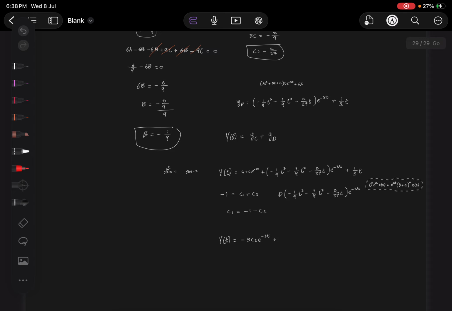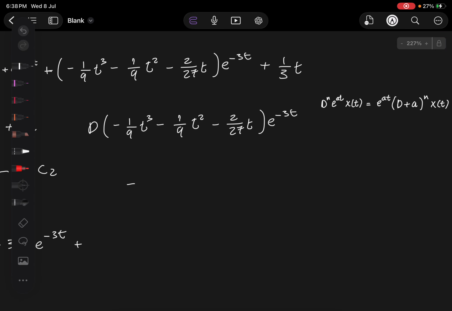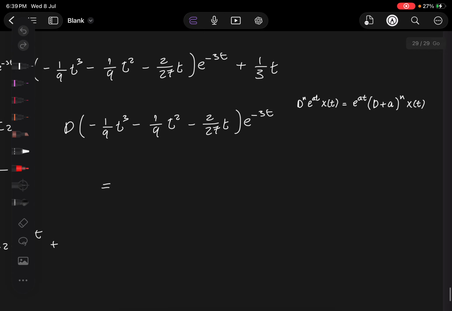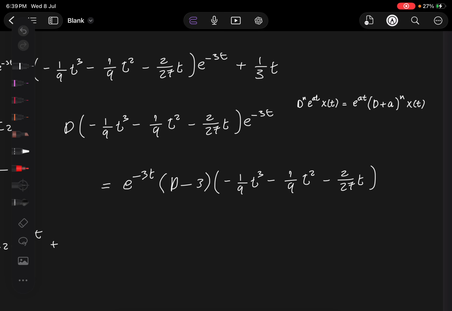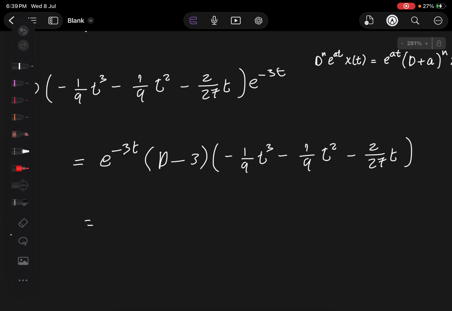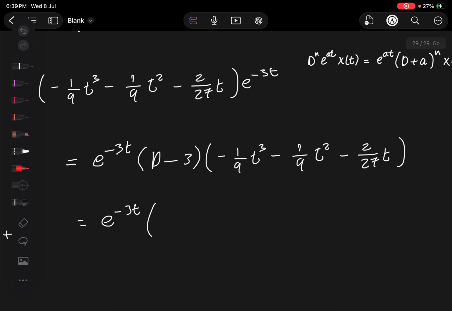We use this. So it's equal to e to the negative 3t times (D minus 3) to the first power times this. So then you distribute, you get e to the negative 3t multiplied by (D of negative 1 over 9 t cubed minus 3 times it), or just take the derivative directly because we understand now.